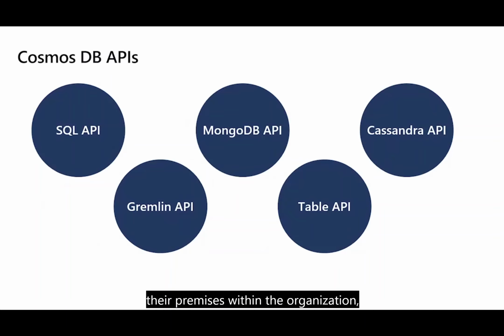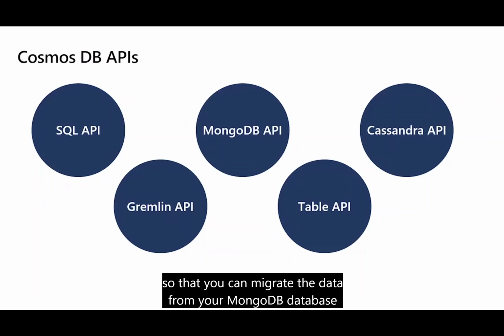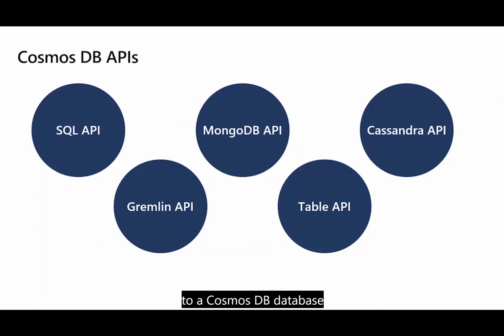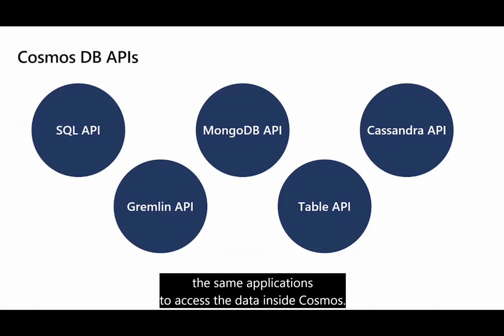So you can use the MongoDB API for Cosmos DB to enable a MongoDB application to run against your Azure Cosmos DB without having to make any changes to your applications, so that you can migrate the data from your MongoDB database to a Cosmos DB database running inside of Azure and continue to use the same applications to access the data inside Cosmos.